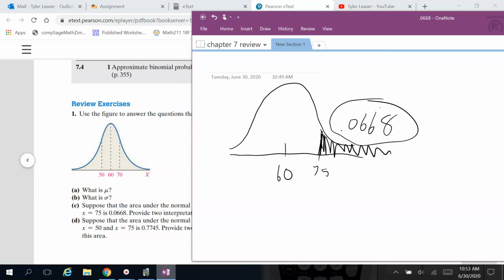What we can say is that if we choose a random variable x at random, there is a 6.68% chance that we choose a random variable that's bigger than or equal to 75. So those are our two interpretations. The proportion is 0.0668, or the probability is 0.0668 of being at or above 75.